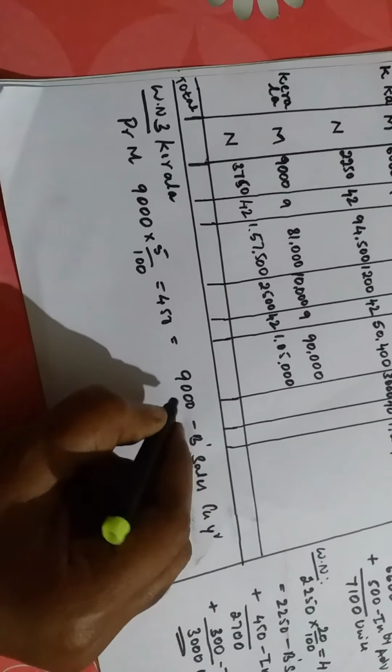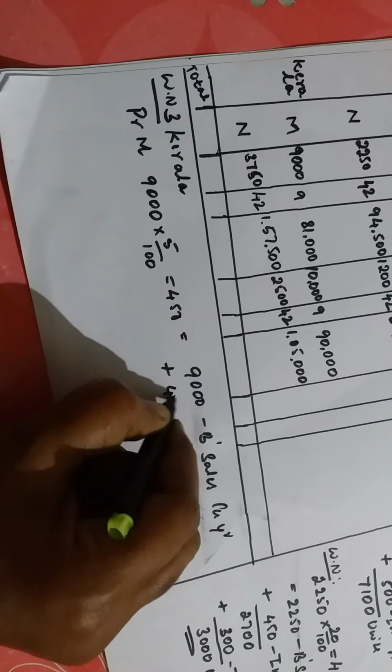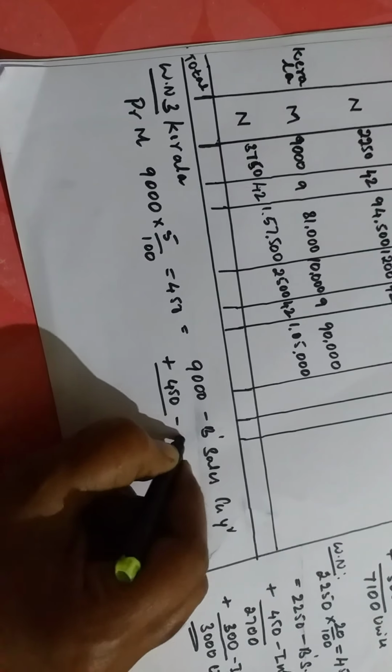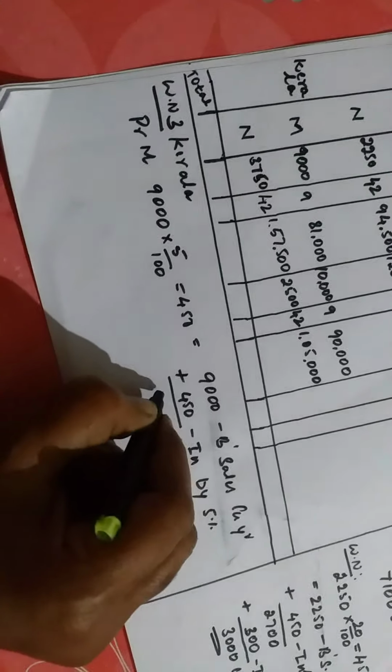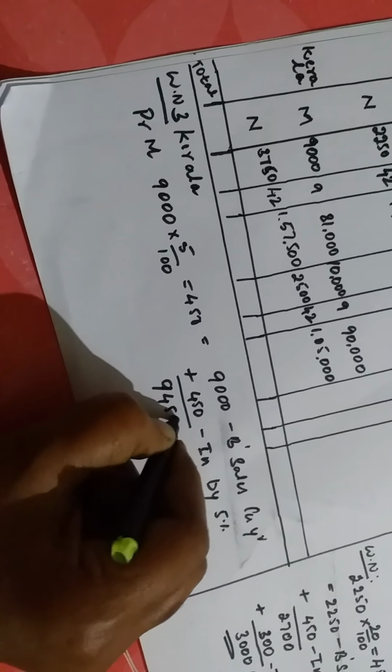Here 9,000 is the budgeted sales for the current year, and the additional increase of 5% comes to 9,450.